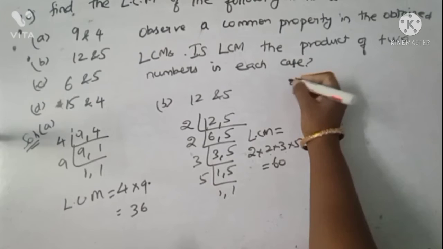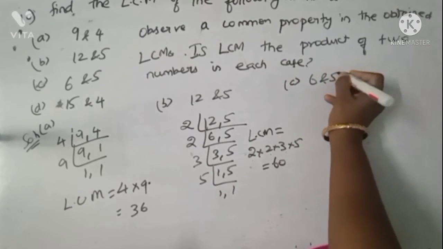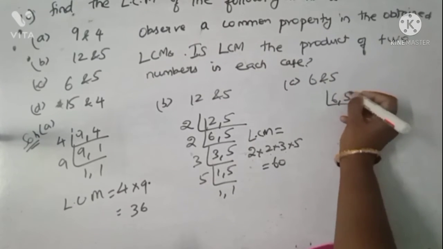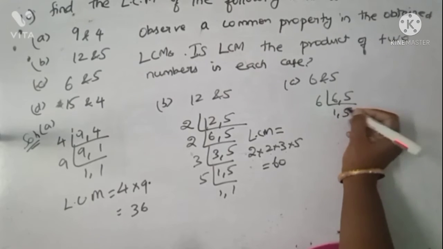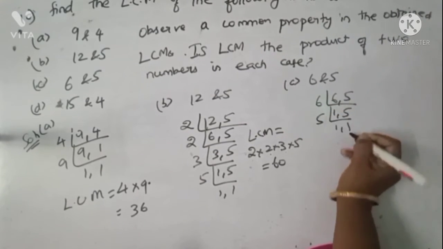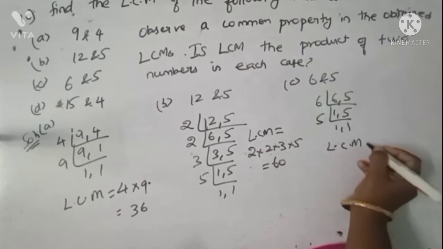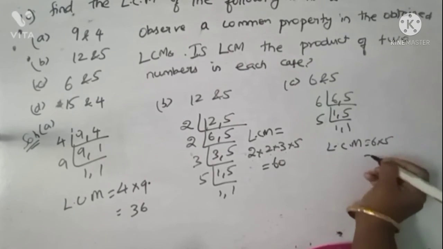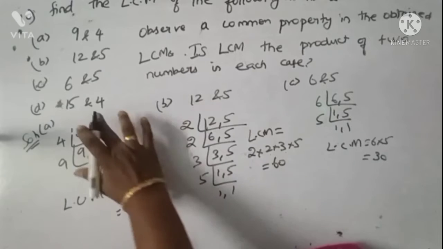And then for subdivision C, 6 and 5. LCM of 6 and 5: 6 1s are 6, 5 as it is, and then 5 1s are 5. So LCM is equal to 6 into 5, which is equal to 30. And then 15 and 4.